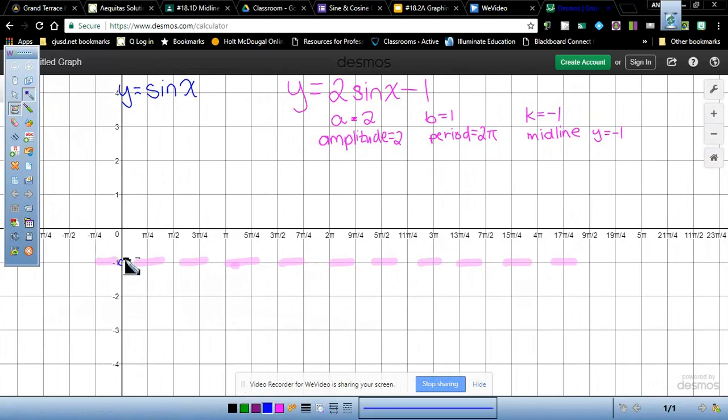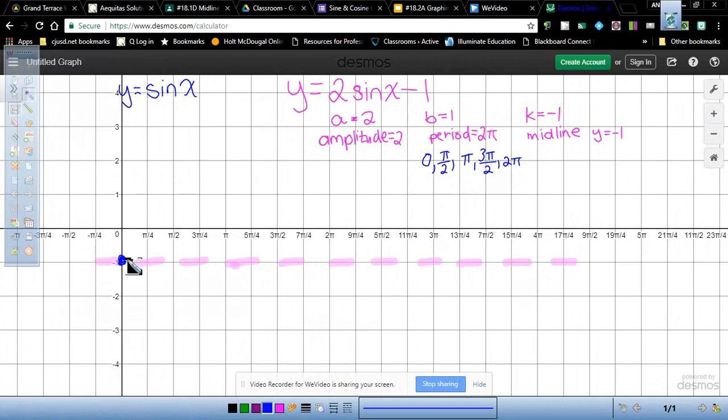So sine is going to start on this midline. So at the angle 0, it will be on the midline. My b didn't change. That means my key angles didn't change. My key angles are still going to be 0, pi over 2, pi, 3 pi over 2, and 2 pi. So those do not change right now.